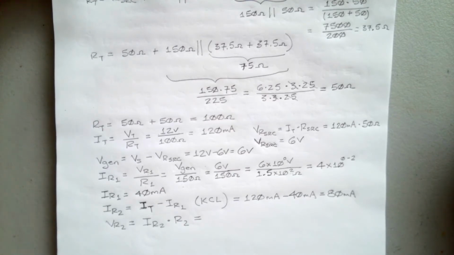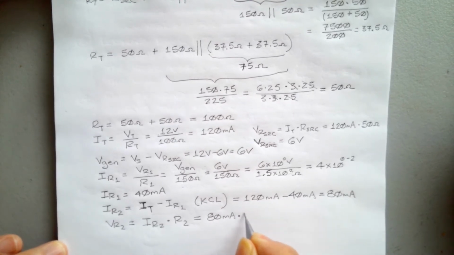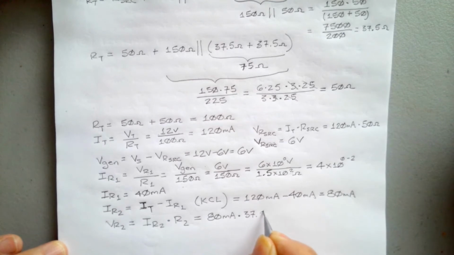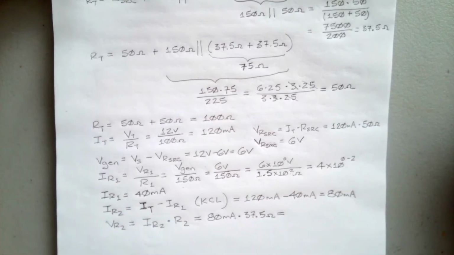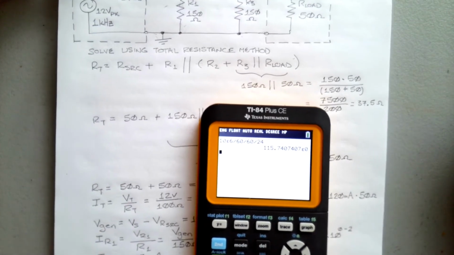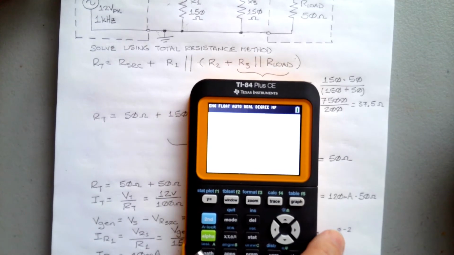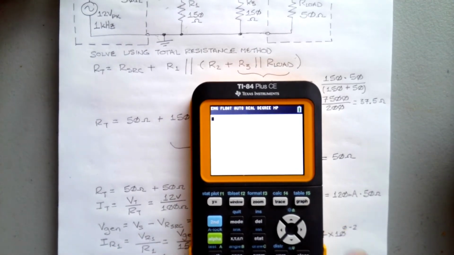I've just grabbed my calculator for that one. So we're going to have 80 milliamperes times 37.5 ohms is equal to, and let's bring up the old calculator here, and I'm going to clear that out. Hopefully we can get a decent focus on this.